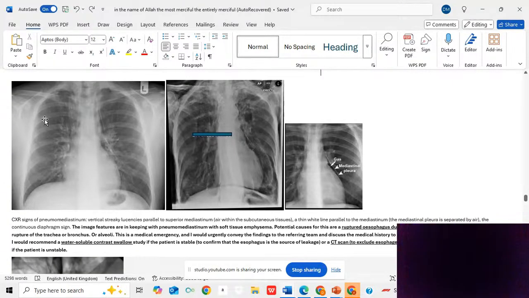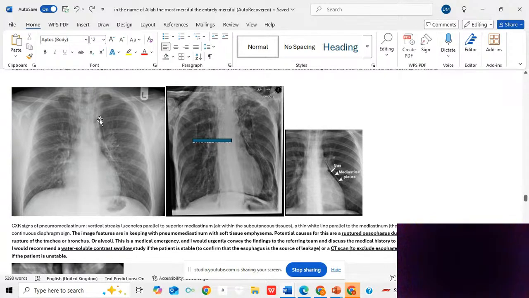So let's start. How to spot pneumomediastinum on chest X-ray? Chest X-ray signs of pneumomediastinum include, can you see these vertical streaky lucencies parallel to the superior mediastinum?